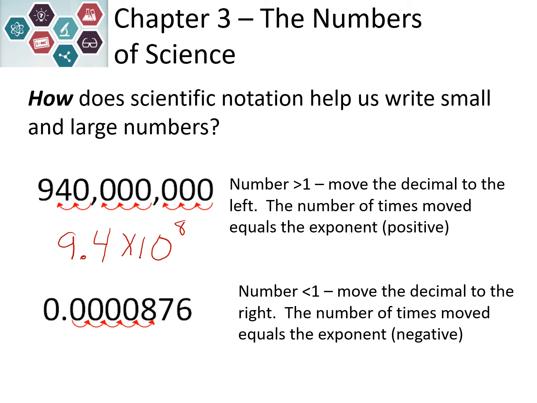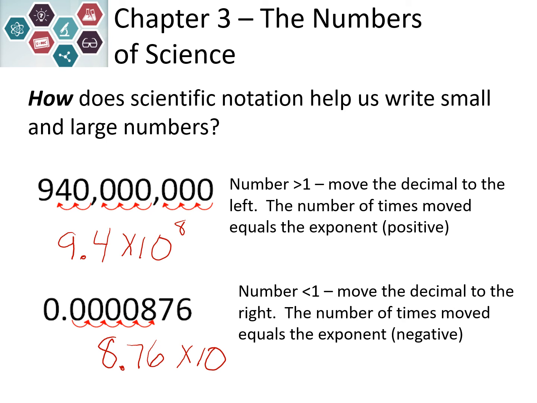Now, if we have a number smaller than 1, we're going to put our coefficient 8.76 because it's between 1 and 9.9. Put our base unit times 10, and then we see how many times we have to move our decimal point. 1, 2, 3, 4, 5.